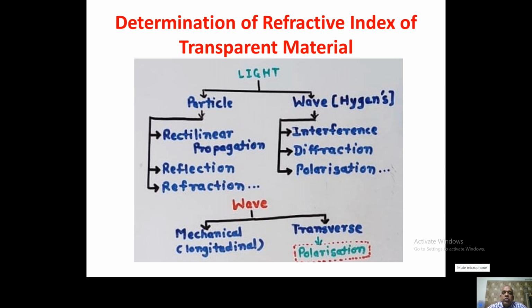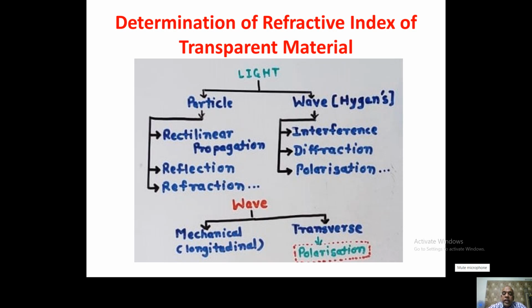which was initially explained by the scientist Huygens. Now, the wave nature of light. We know there are two types of waves.